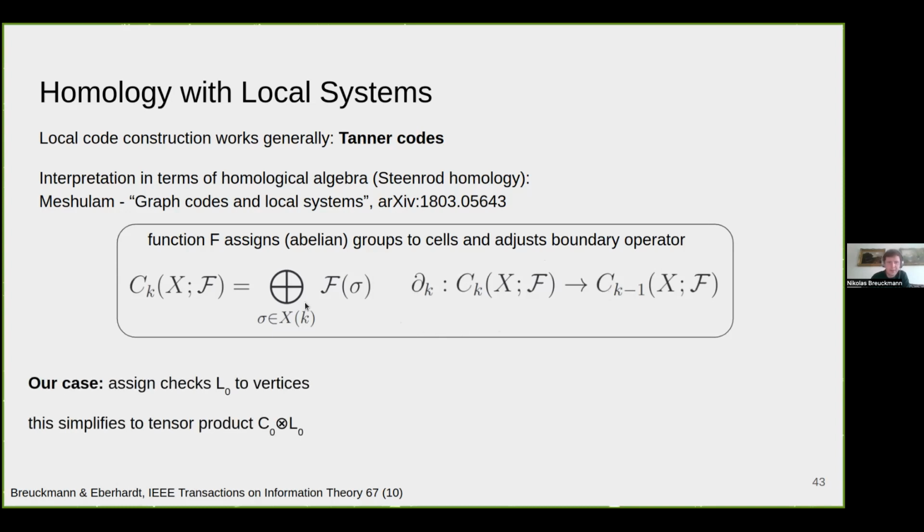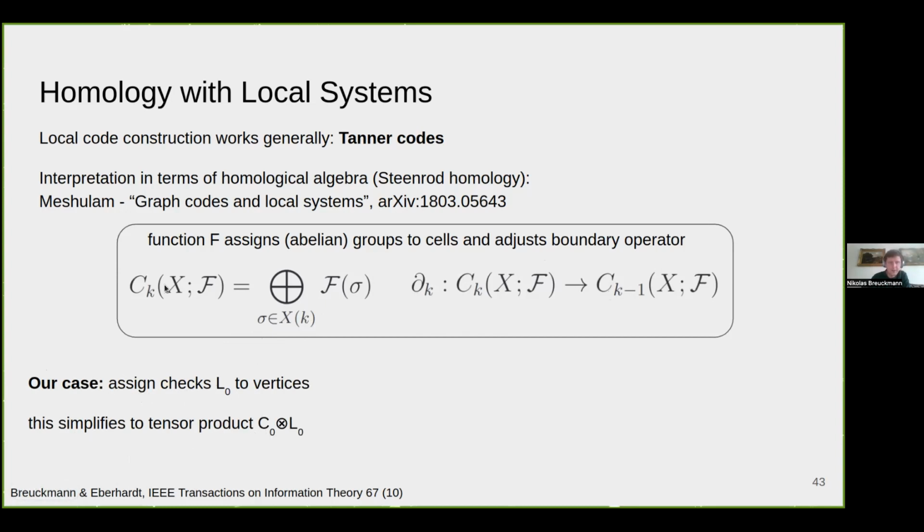Again, apologies that I don't go into too many details. The point is that in our case, this actually simplifies significantly, as the function f for the edges is trivial. We just want to keep qubits there. And we assign checks, which I will denote by L0, to the vertices. This assignment then just simplifies to the usual tensor product.